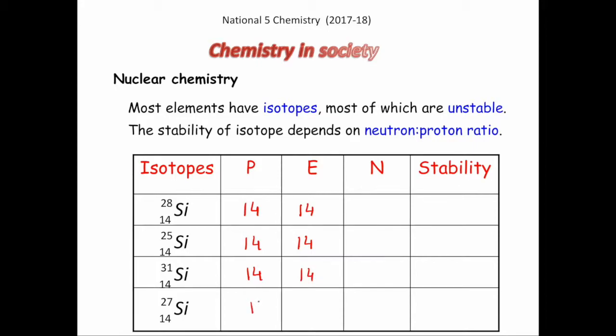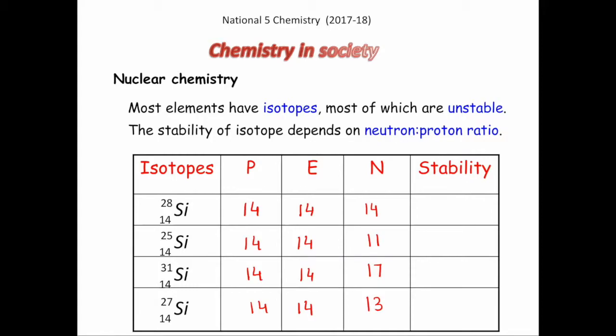If we look at the number of neutrons now, the number of neutrons in the first would be 14, which is 28 take away 14, and the second one would be 11, 25 take away 14, and the third would be 17, 31 take away 14, and the fourth would be 13.